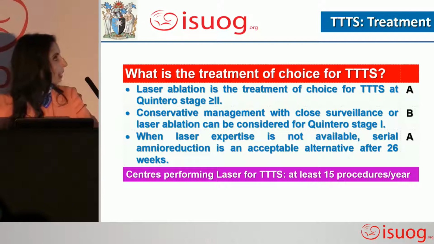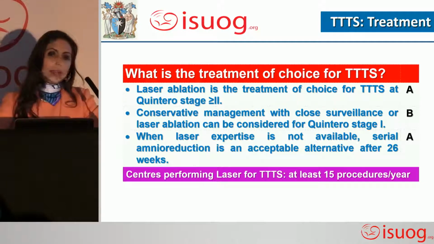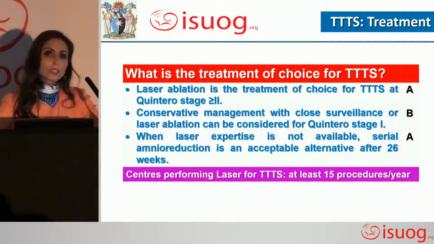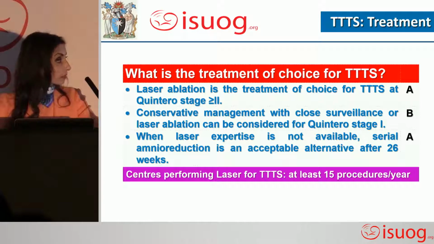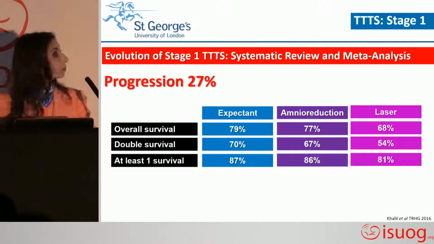We also discussed, and this is not the ISUOG, this is really the RSVG guidelines, how you determine which centers have the relevant competency and expertise to do the laser. That was just based on consensus, really: they should have at least 15 procedures per year to maintain their competency.